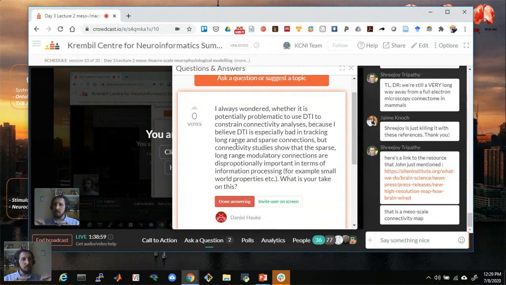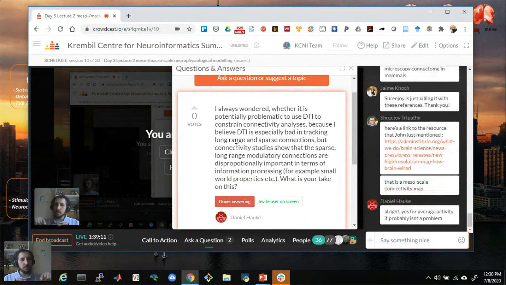So you take an EEG signal or an fMRI signal, it's not clear that having a single long range connection that dramatically decreases the path length of a graph would have any impact on the activity level of a neural population that's generating EEG signal.